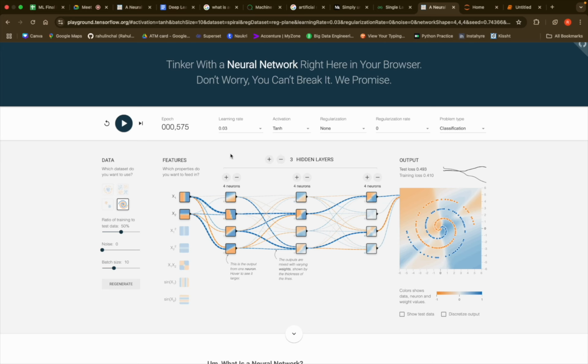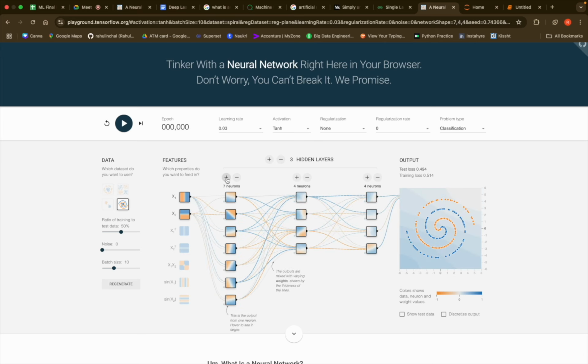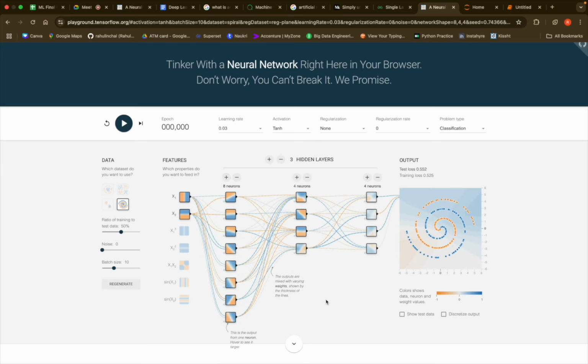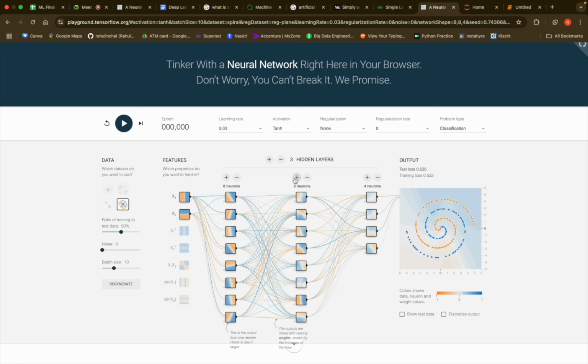What I can do is, in the first layer I can increase to 8 neurons. I can keep 8 neurons for my second hidden layer as well. Now since it is binary classification, I would want to keep it as tanh itself, or sigmoid will also do. Let us try. I'm not trying to do anything, but let us try with tanh first and then see.